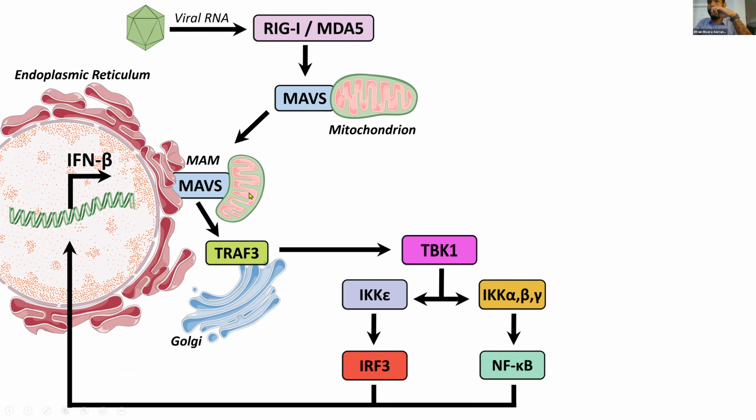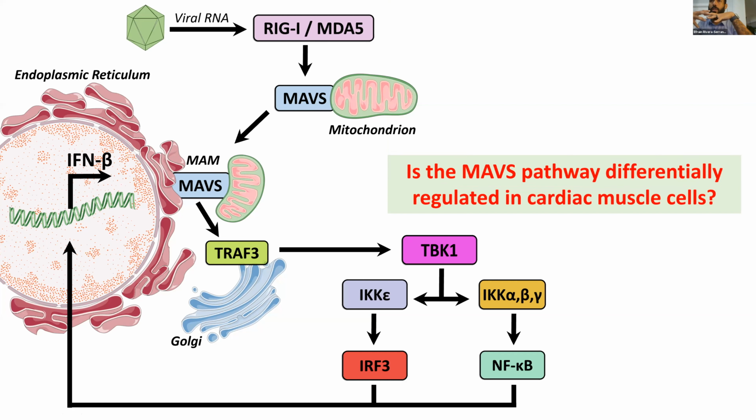And when all of this happens, that produces interferon in the cell. So the big question was, is this pathway just active, normally, in the absence of infection in these unique cells? And I'll summarize all the data to just tell you that yes, it is.